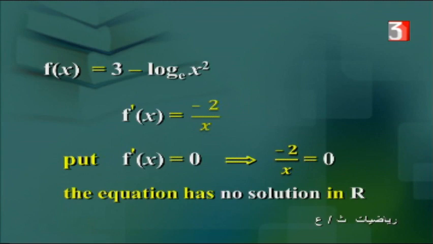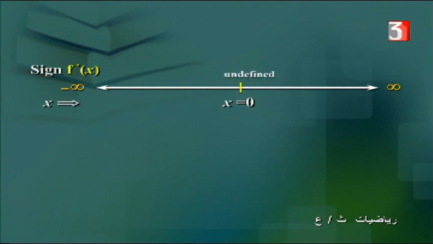Then we can draw the number line, from negative infinity to infinity, and x equals 0. And f dash x is undefined because log x power 2 to the base e has no value when x equals 0.